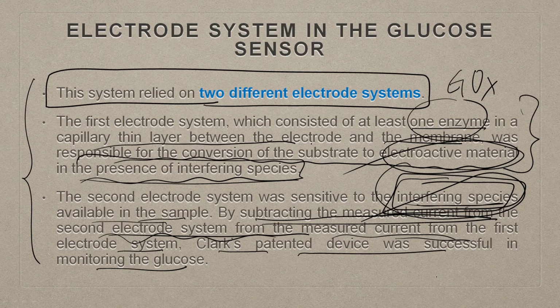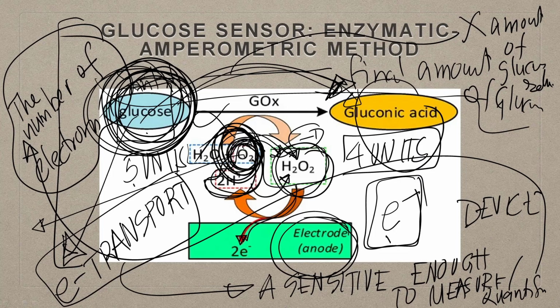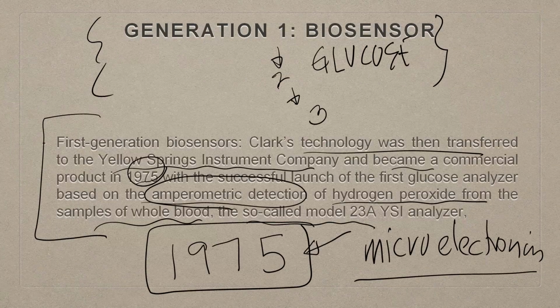Then we talked about the first electrode system and the second electrode system. Then we talked about the basic architecture of the glucose sensor, the enzymatic amperometric method. It's amperometric because you are measuring the amount of current.